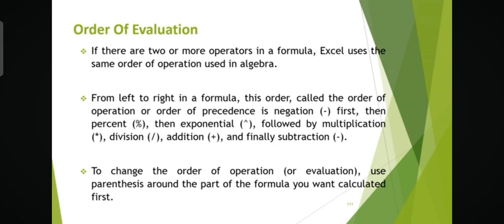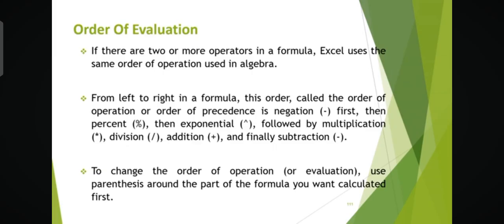So if you write a formula like A1 plus B1 times C1, moving from left to right, from A1 to C1, we will look for certain operators. When we see those operators, we give them higher precedence. When we are looking at the mathematical operators, this is the order in which we consider them.